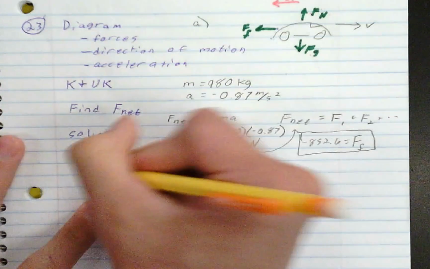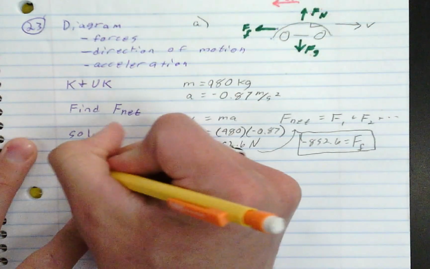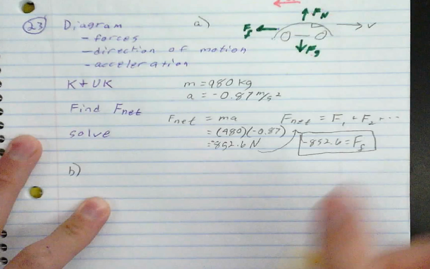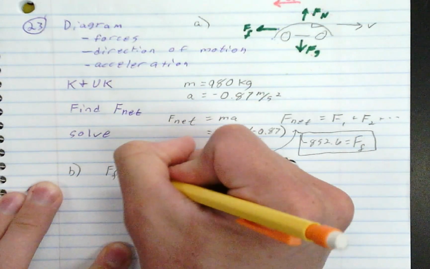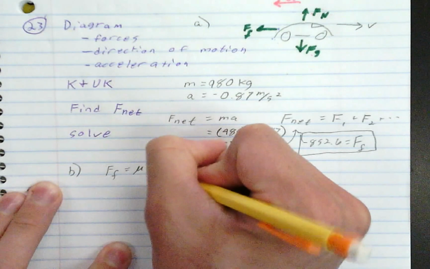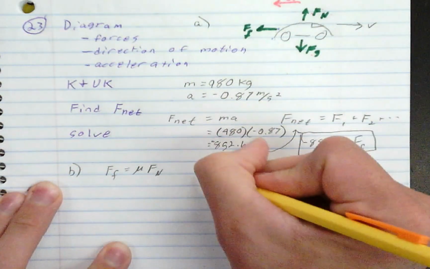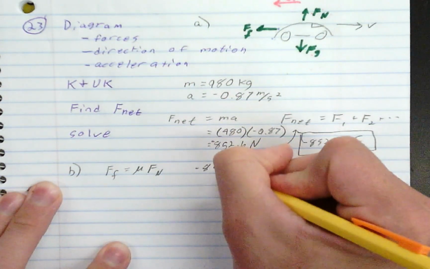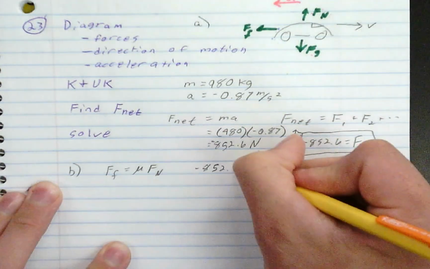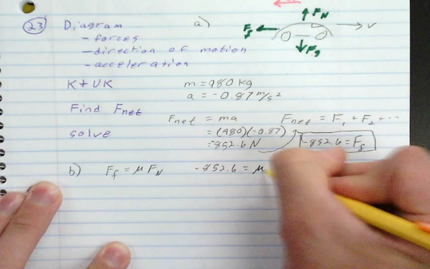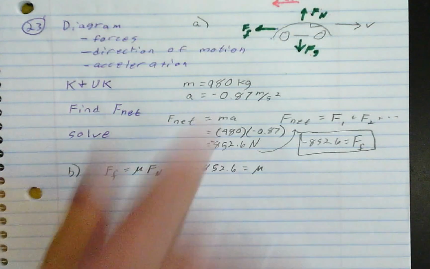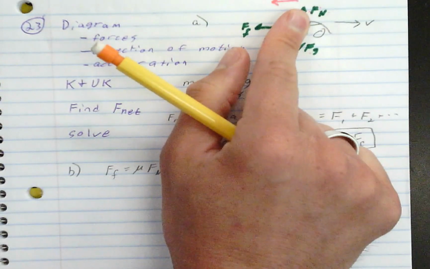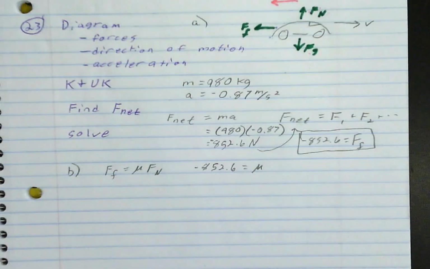For part B, it wants to know about the coefficient of friction. So the force of friction equals mu Fn. The force of friction we just found was negative 852.6. We're solving for the coefficient of friction, which means all we have to know is the normal force. Problem is, it didn't give us the normal force. However, what should the normal force equal?